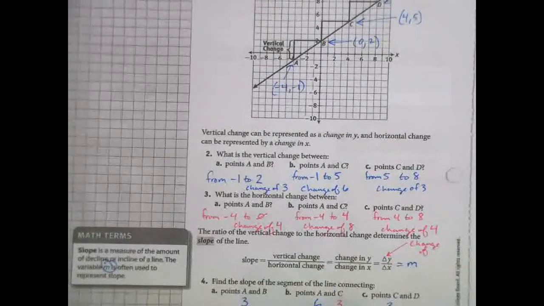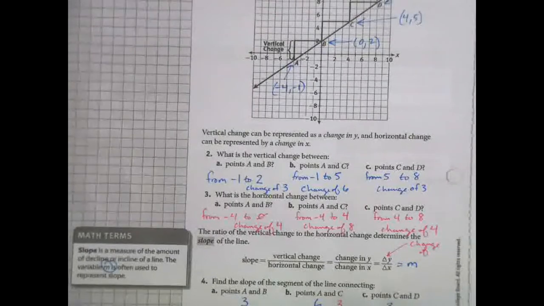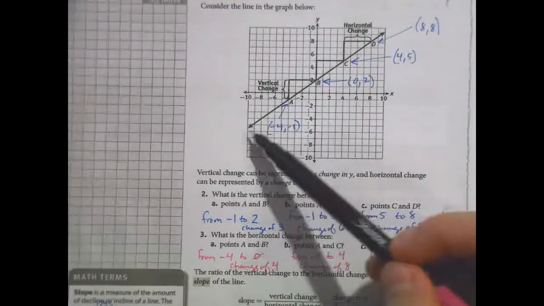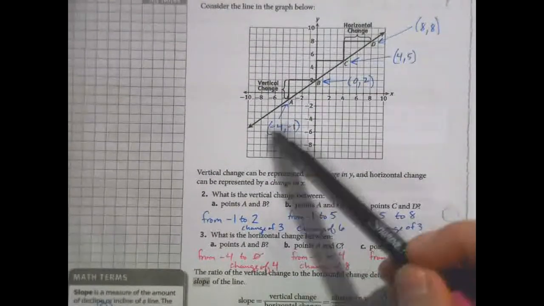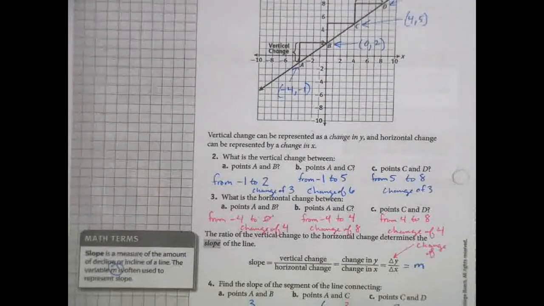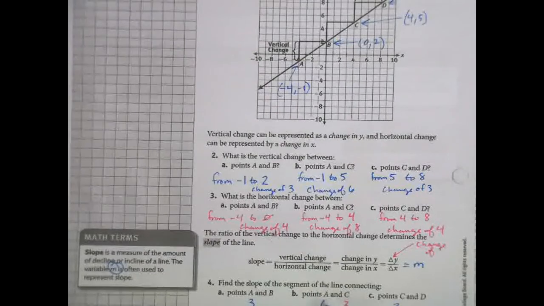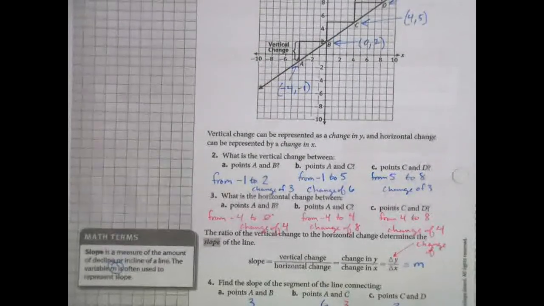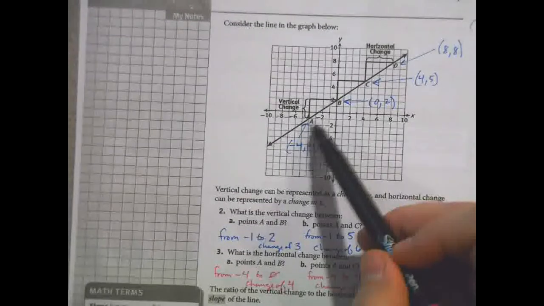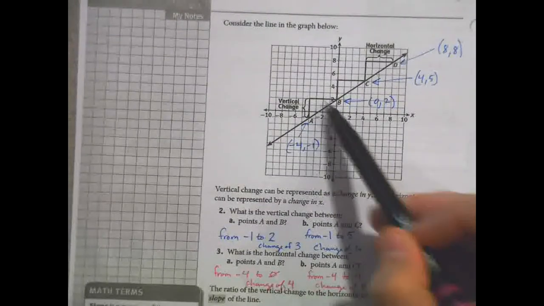They are the same. Okay, so I have this nice pretty line going across this graph here, and I notice that between any 2 points on there, whether it's A and B, A and C, or C and D, I have the same slope along this line. And that looks right, because if I look at this line, it doesn't bend or curve or have any breaks in it.